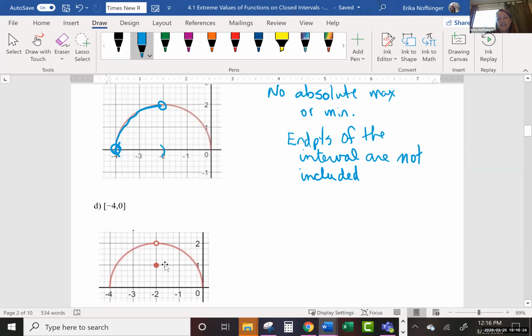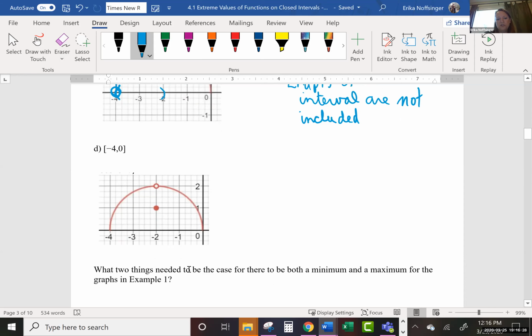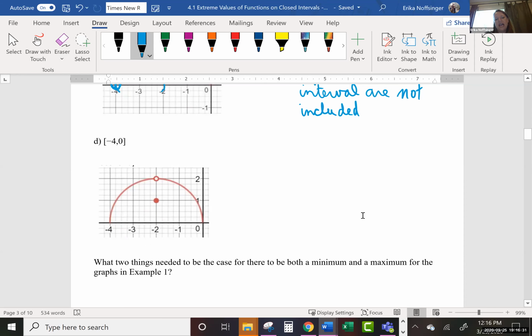Okay, so the next example is almost similar in the graph, except that you have an open circle at -2, and you have a point where it's defined: when x is -2, y is 1.